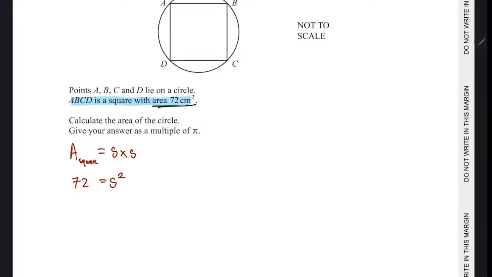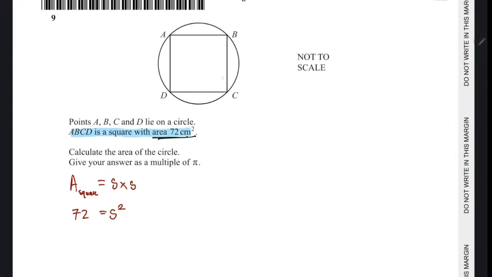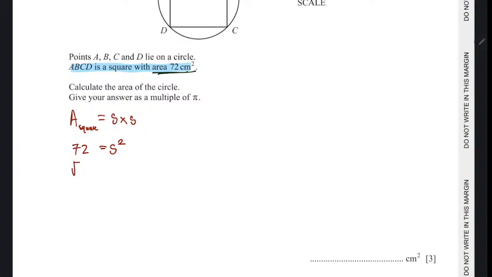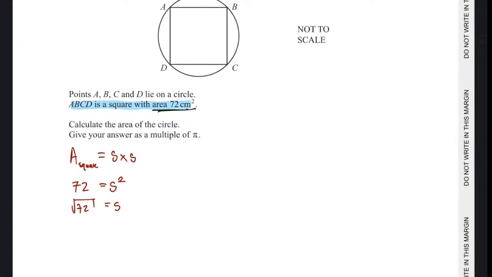Which means if we want to get one side, we would say square root of 72 should give us one side. Students, if you say square root of 72, what are you going to get?